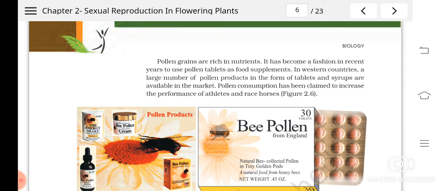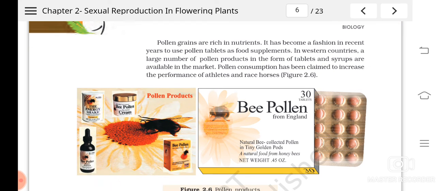In recent years we use pollen grains as tablets or food supplements, and likewise many syrups and tablets are available.